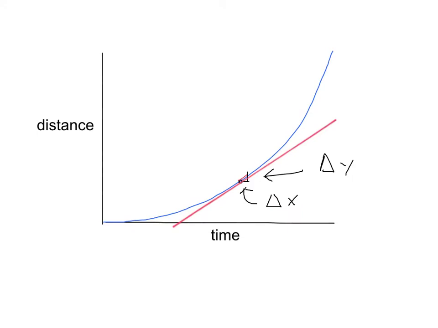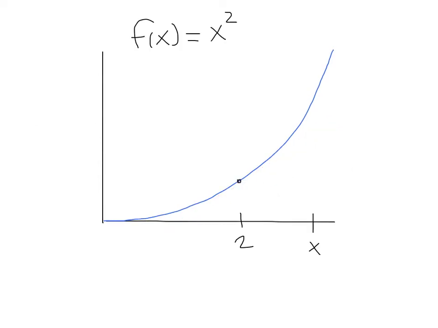And for a really small triangle, notice that the chord, the slope that I can calculate, the one that goes with delta y over delta x, that slope looks really close to the slope of the tangent line. Here's how Isaac Newton's going to do this mathematically. He's going to start with an equation, but he's going to use function notation. The equation is going to be f of x equals x squared.